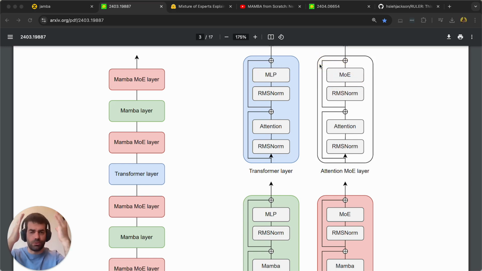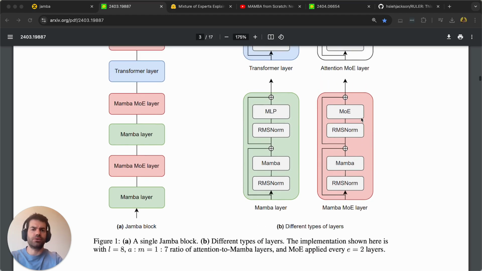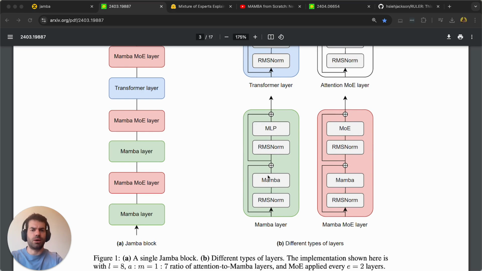So essentially either one big MLP or we have an MOE, a mixture of experts layer over there. And it's the same with the Mamba layer as well: RMS norm, Mamba, RMS norm, and then either an MLP or an MOE. It really depends on the amount of MOE layers that we want to do.